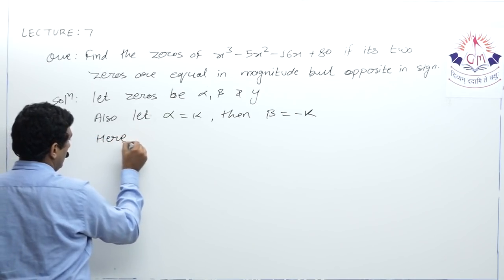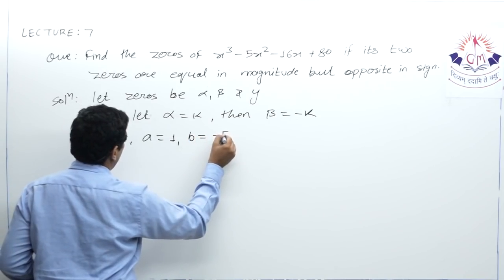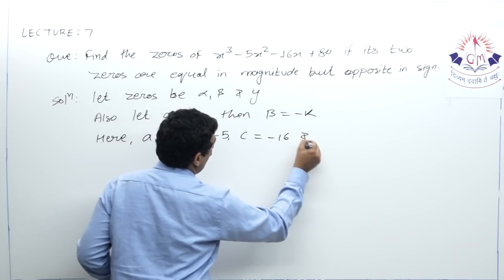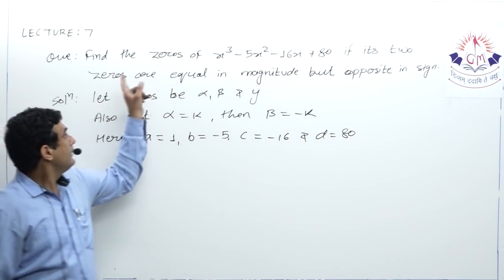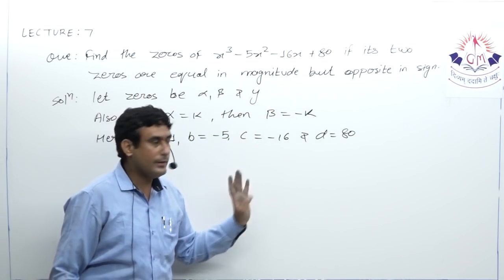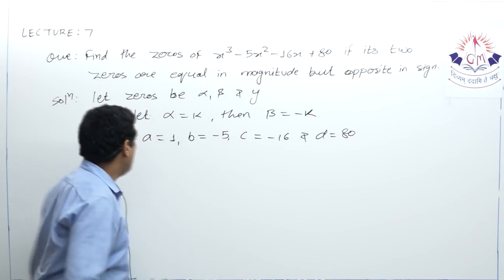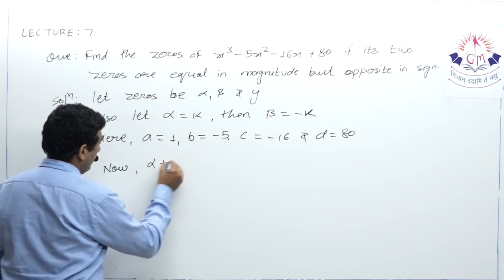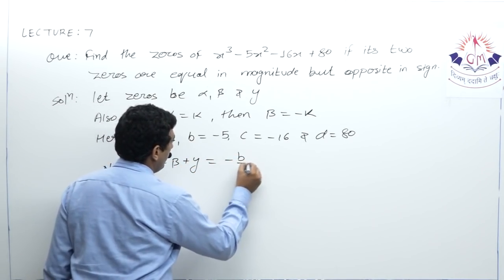Now two zeros are equal in magnitude, opposite in sign. Here a is equal to 1, b is equal to minus 5, c is equal to minus 16 and d is equal to 80. That means on comparing the given polynomial with the standard form, I'll obtain the values of a, b, c and d. Now alpha plus beta plus gamma is equal to minus b upon a.